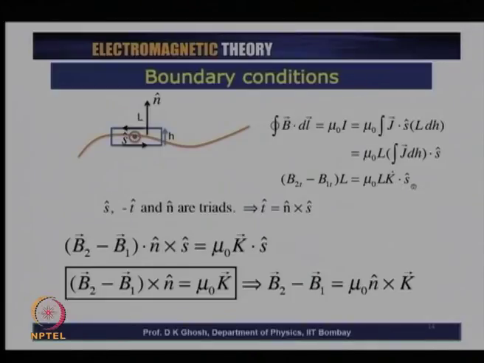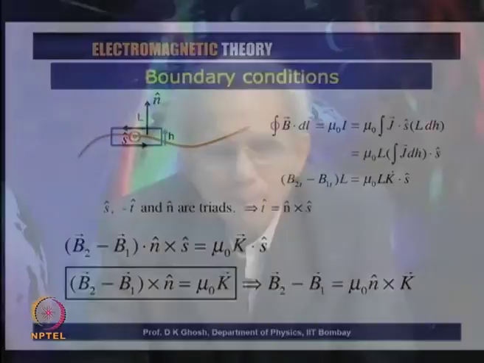Now, what this is telling us, which we will repeat next time, is that the tangential component of the magnetic field has a discontinuity when there is a surface current across the two media.